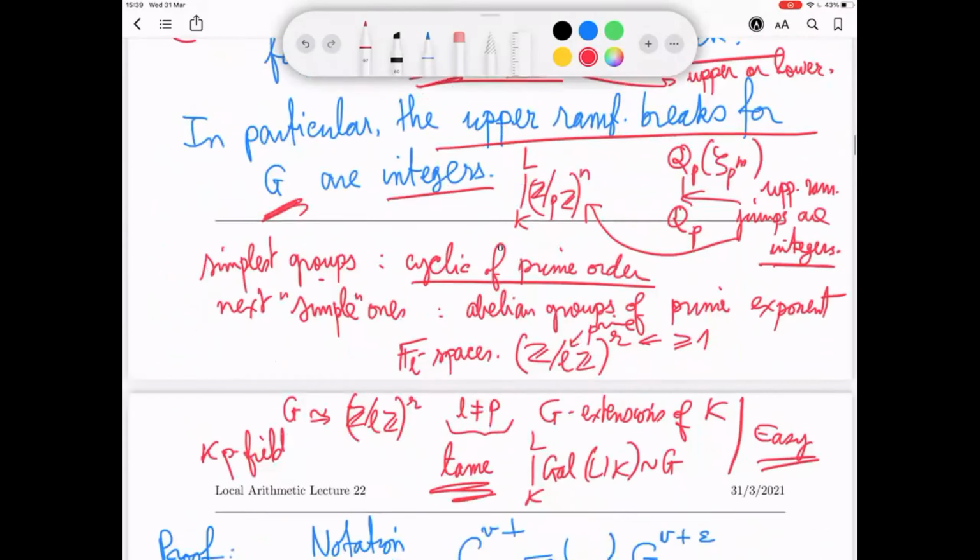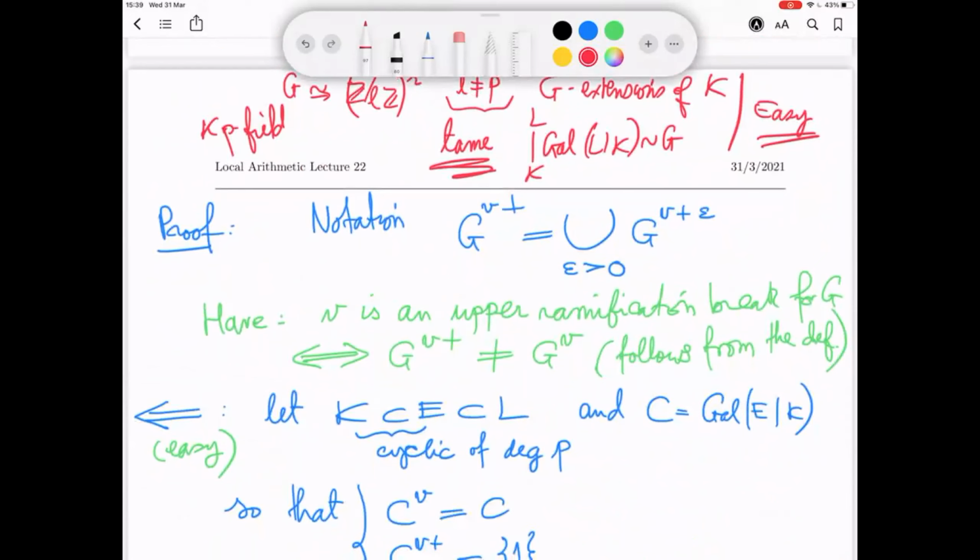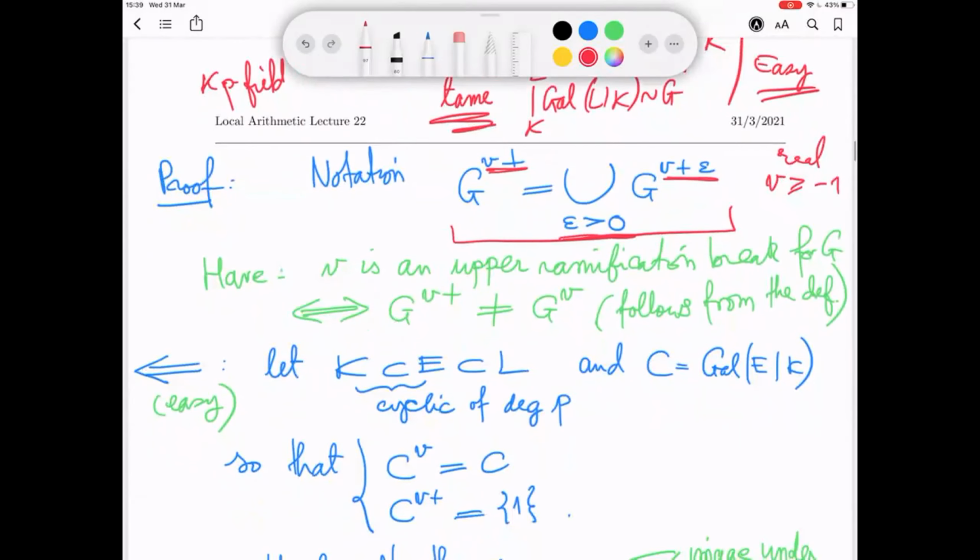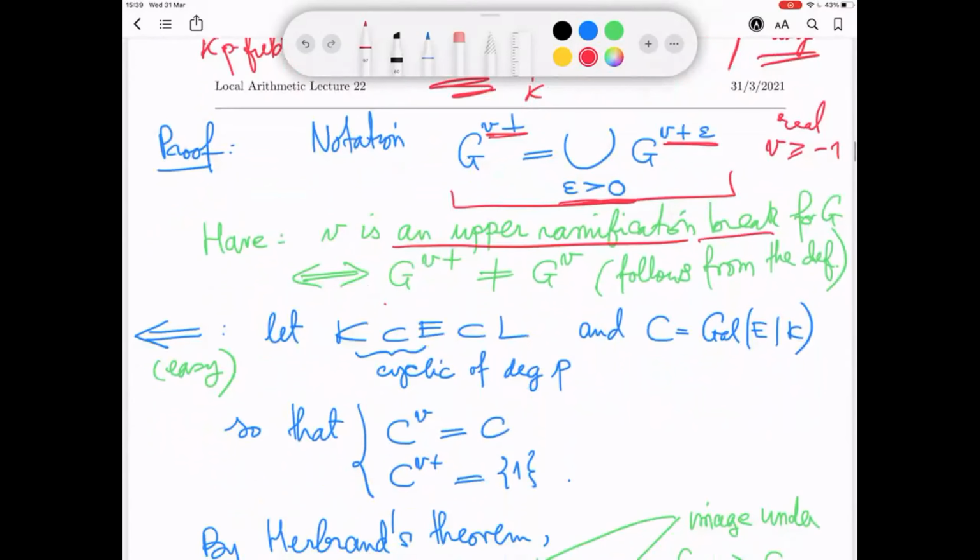Okay, let's prove this. For that, I introduced the notation G^{v+} for every real v greater than -1. G^{v+} is the union of all G^{v+epsilon}, where epsilon is strictly positive. In this notation, v is an upper ramification break or jump if and only if G^{v+} is different from G^v.